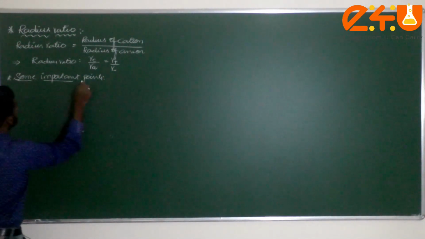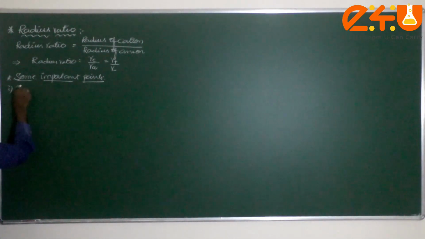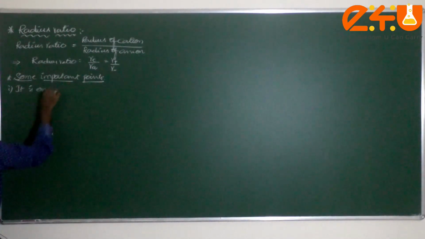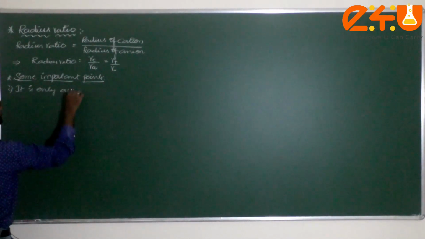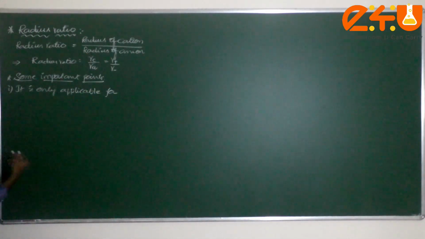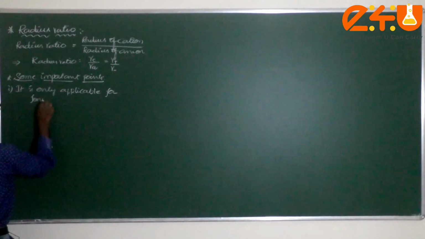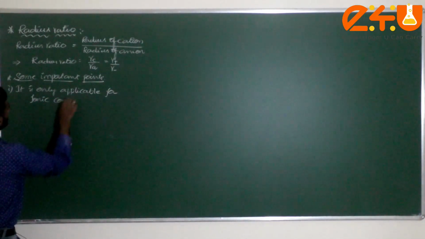Now, what are some important points, dear students? First of all, it is only applicable for what type of compounds, dear student? Molecular compounds or molecular solids? No, it is only applicable for ionic solids or ionic compounds.